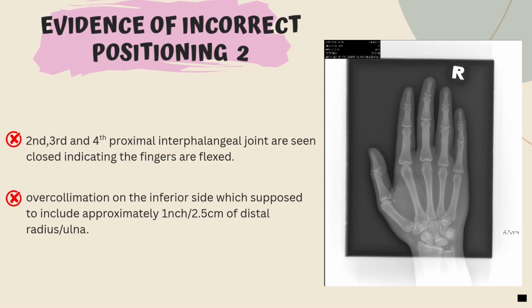The second example of incorrect positioning shows the 2nd, 3rd, and 4th proximal interphalangeal joints are seen closed, indicating the fingers are flexed. The image also shows over-collimation on the inferior side, which is supposed to include approximately 1 inch or 2.5 cm of distal radius and ulna.